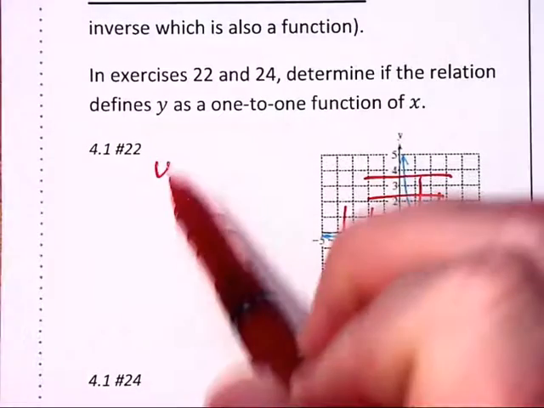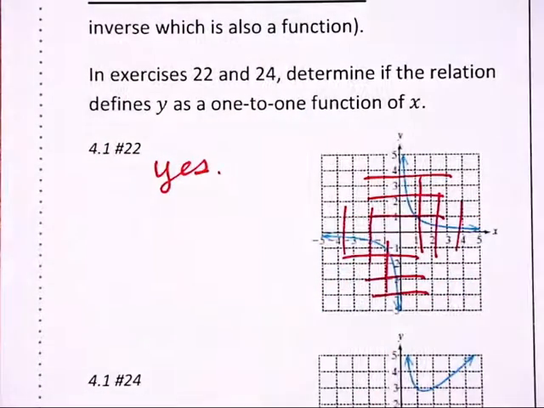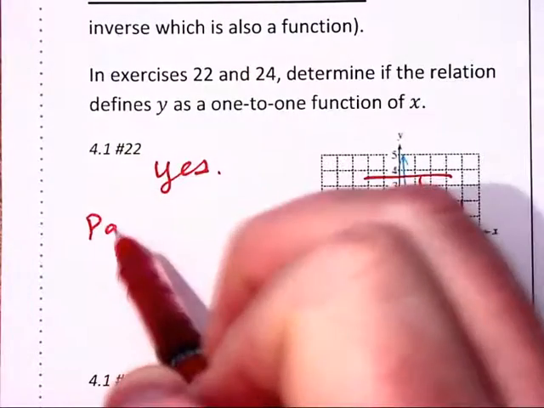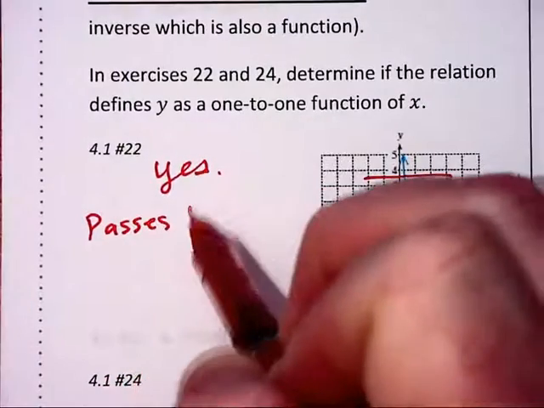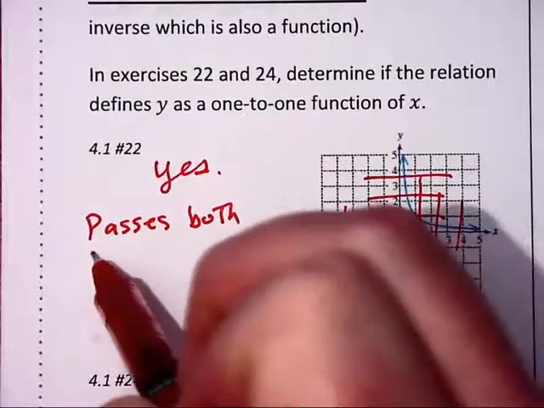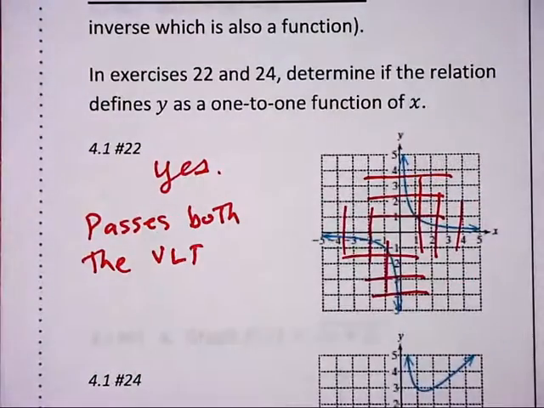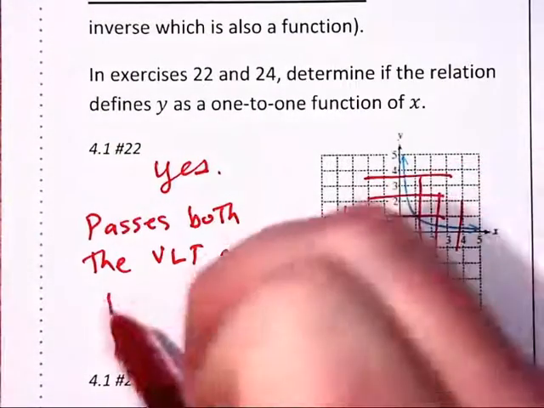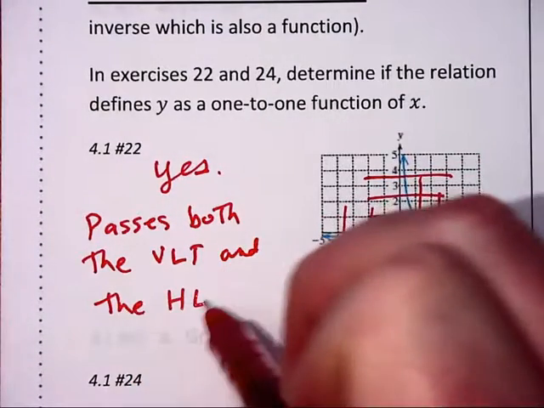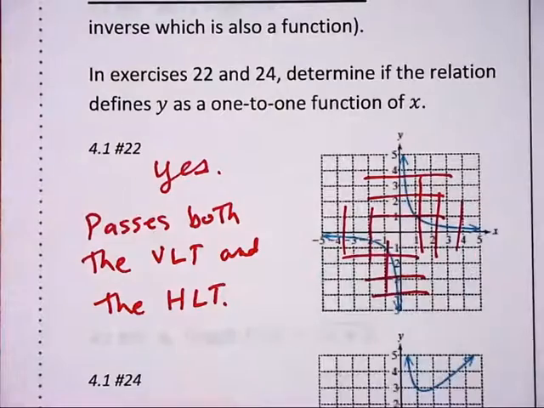So the answer here is yes, it is one-to-one because it passes both the vertical line test, which I will abbreviate VLT, and the horizontal line test, HLT.